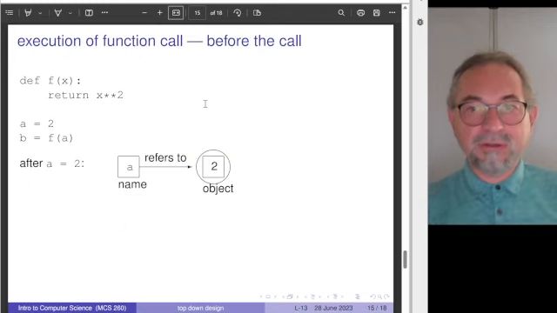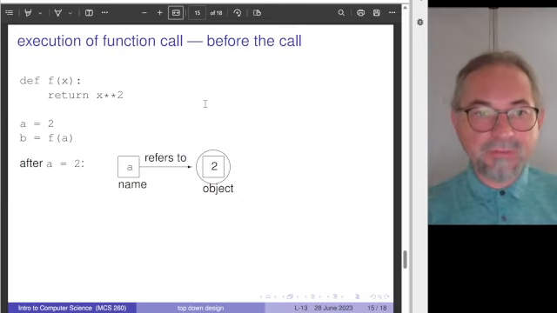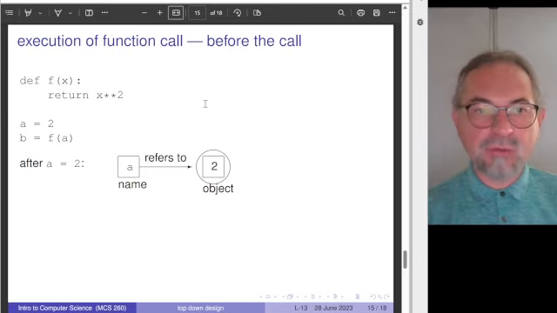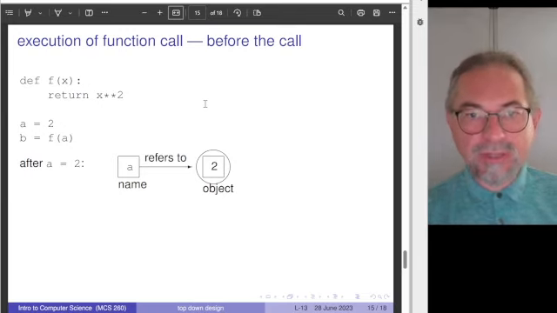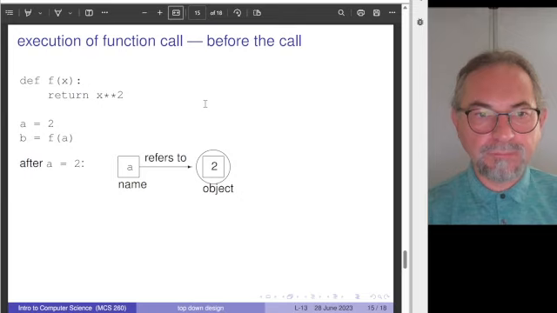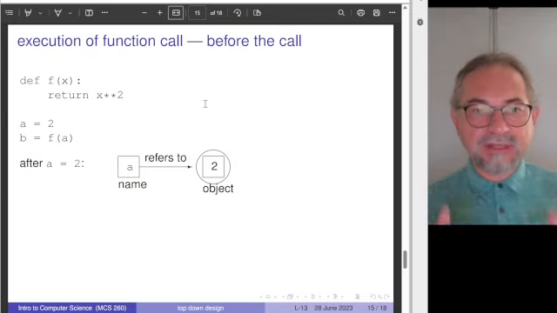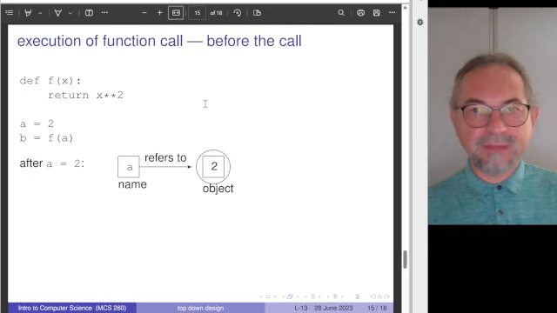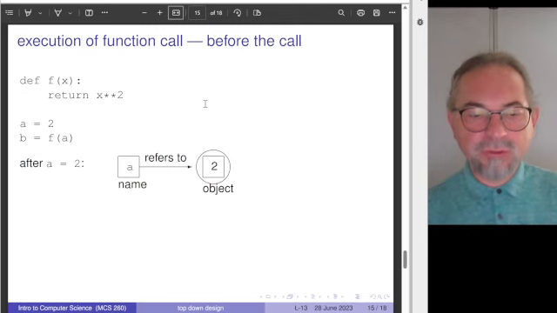Okay, so with pictures. Before the call, after the execution of the statement a equals 2, the name a refers to the object, which is an integer, 2. Then we get to the second statement, and it's another assignment, but when you do an assignment, the right-hand side of the assignment is first evaluated. And that is the function call.